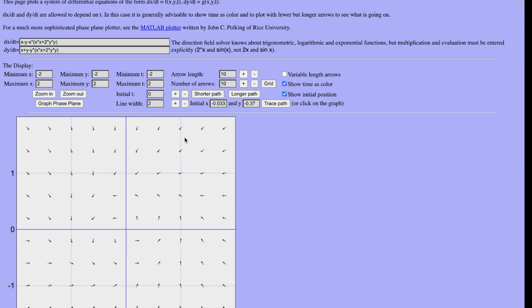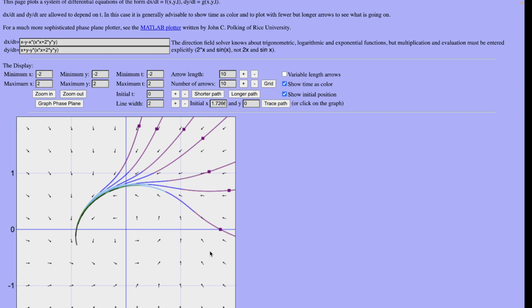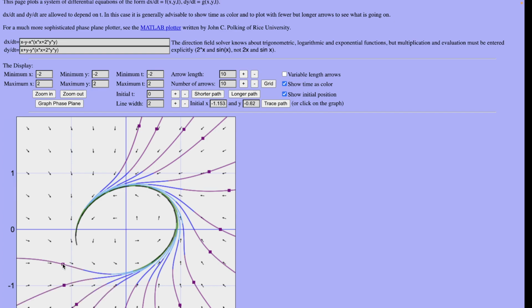And d theta/dt is positive, so here the direction is anti-clockwise. So we draw trajectories of the system, and we get this picture.